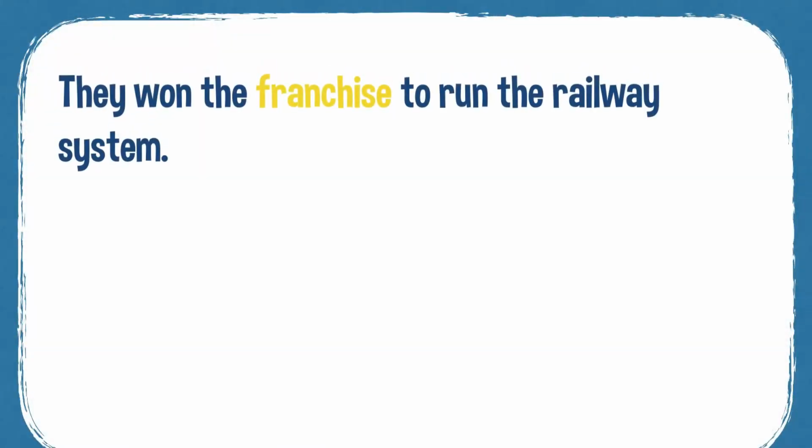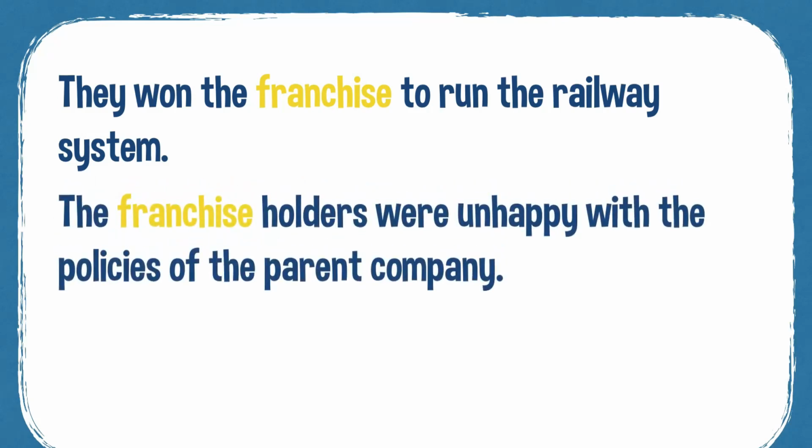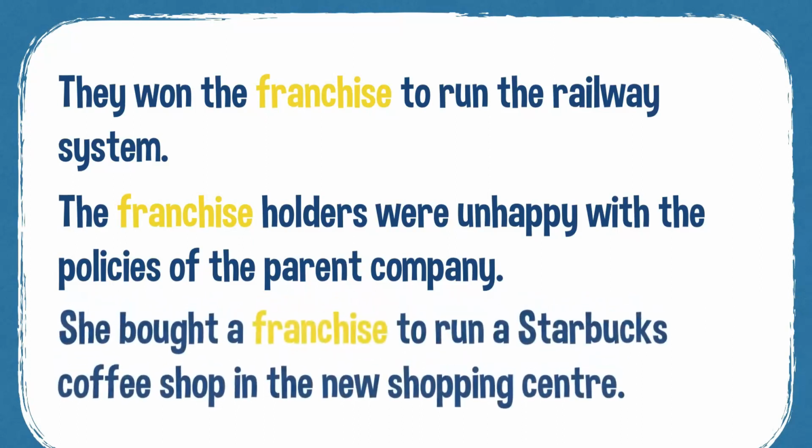They won the franchise to run the railway system, so you can also have a franchise for transport systems. The franchise holders were unhappy with the policies of the parent company. So the parent company would be the international headquarters of Starbucks or McDonald's or the national headquarters of the railway system.